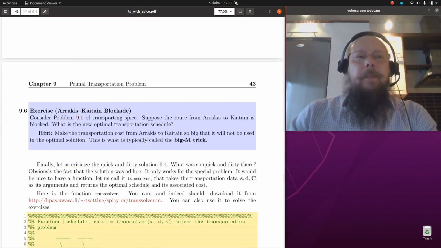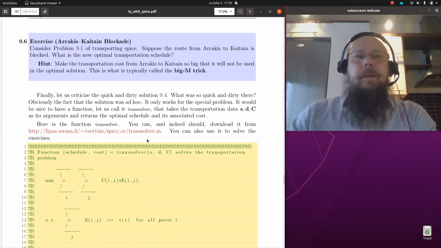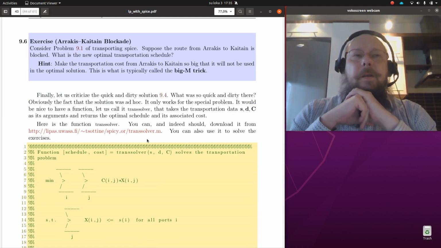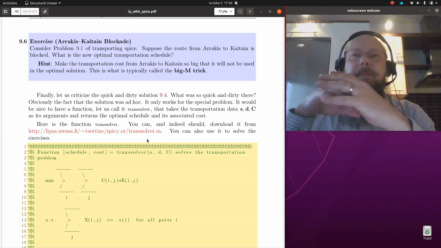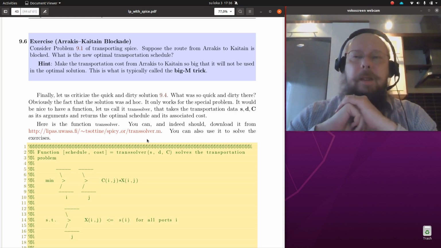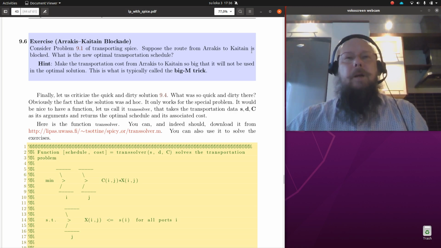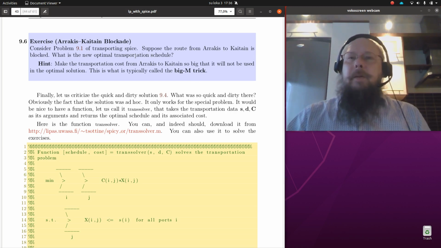Let's have another exercise, exercise 9.6. Again, we have the same problem of transporting spice. The spice must flow with highliners. And something happened. The route from Arrakis to Kaitain is blocked. I don't know, maybe there is some disturbance in the fold space or whatever.